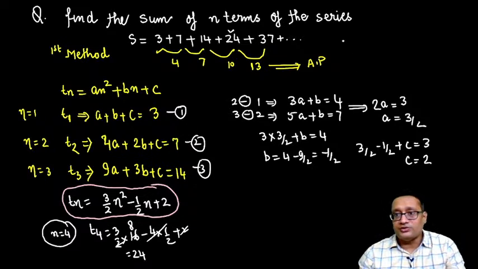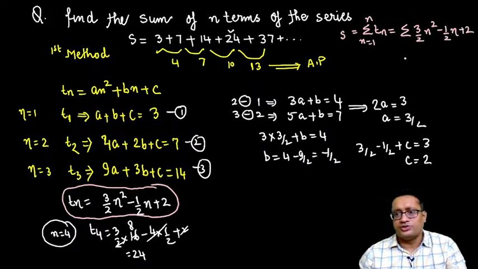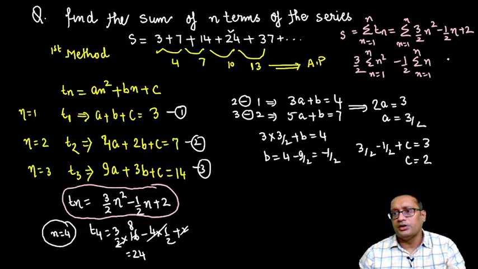What will be the sum of the series? S is equal to sigma Tn, n is equal to 1 to n. Sigma Tn I can write as 3 by 2 n square minus half n plus 2. The sigma operator, as you know, is distributive: 3 by 2 sigma n square, n is equal to 1 to n, minus half sigma n, plus sigma 2.